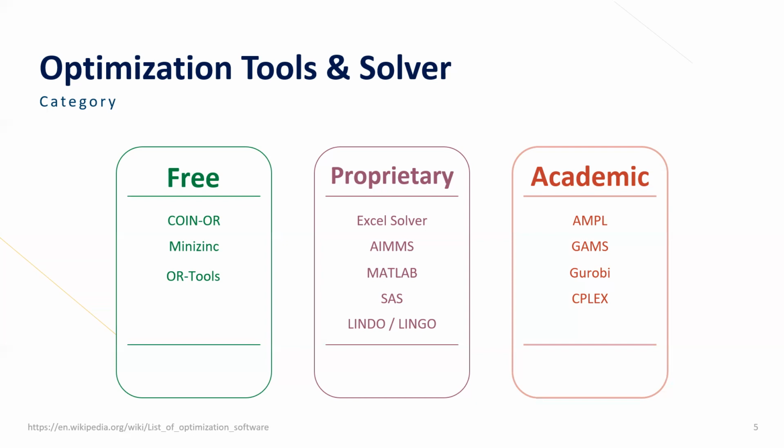My aim for today is that I will try to introduce you to one of them. But later on, if you have a chance to explore other software, for example, today I will introduce you to AMPL, but I heard that Gurobi and Cplex can be used directly in a programming language.